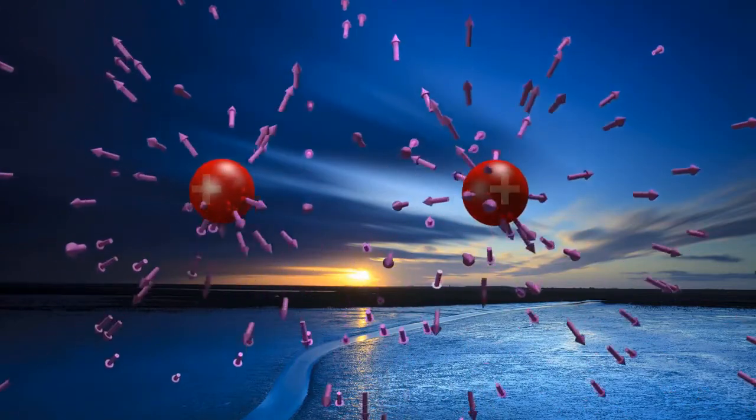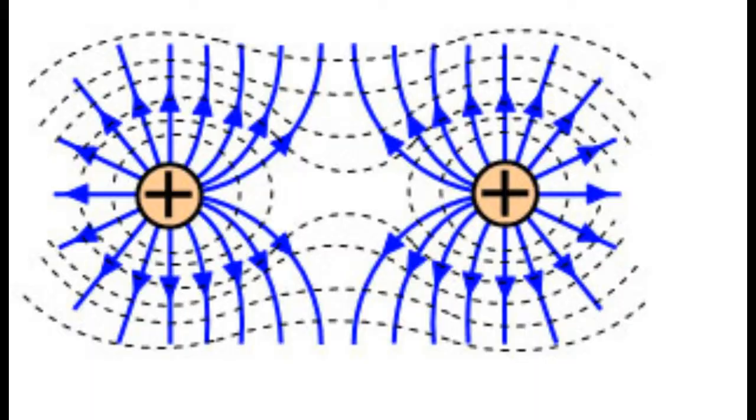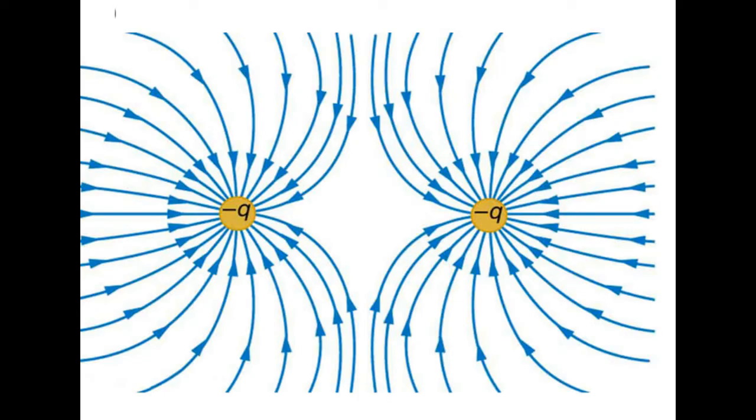So they repel each other and we will see an electric spectrum like this. Also, if we have negative, negative, we will see a similar spectrum, same as positive, positive. But in this spectrum, the electric lines and electric field are entering this negative charge and also entering this negative charge. But here they are repelling each other.